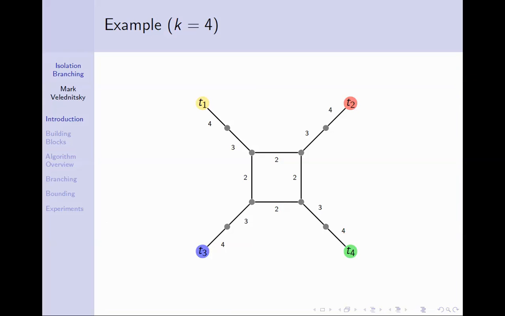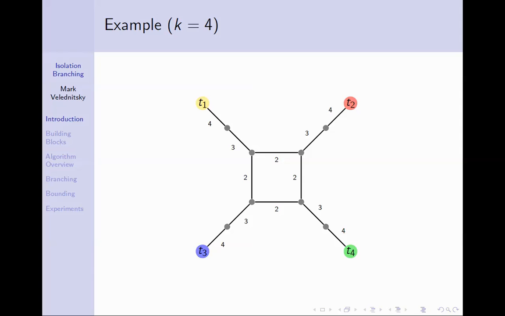Let me give an example. In this example, we have a graph with 4 terminals. Looking at this graph, there is a feasible cut where we remove 3 of the edges that have weight 3.